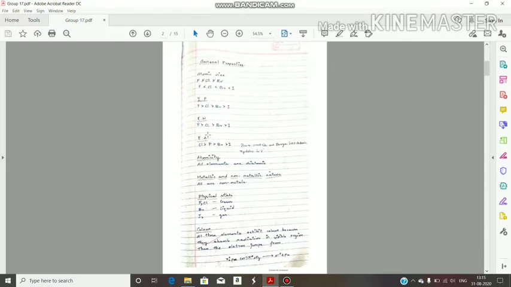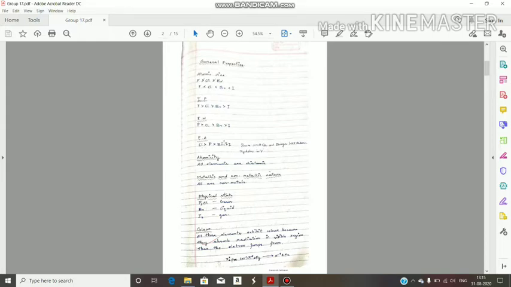This is also called electron gain enthalpy. This is also inversely related to atomic size, so iodine has less electron affinity, and fluorine should have more electron affinity, but chlorine has more electron affinity.